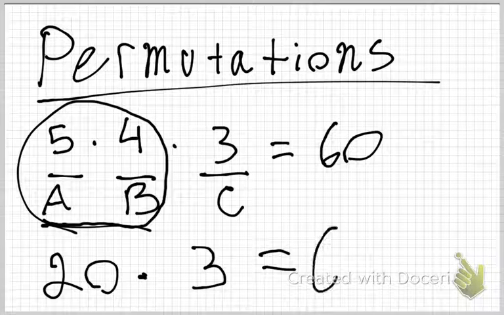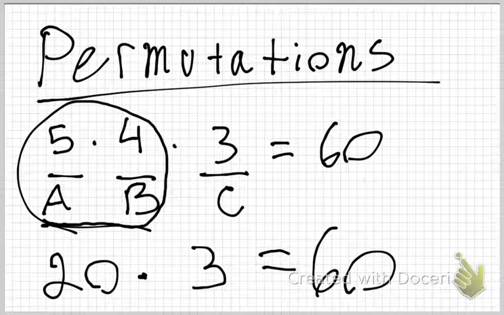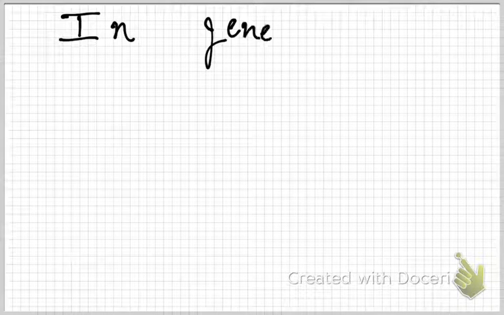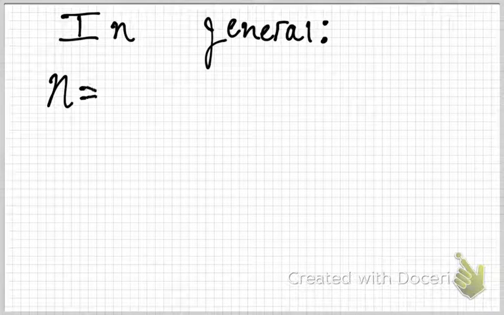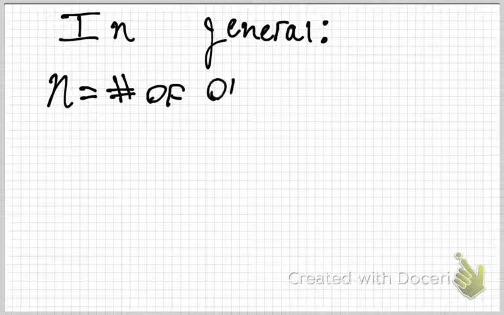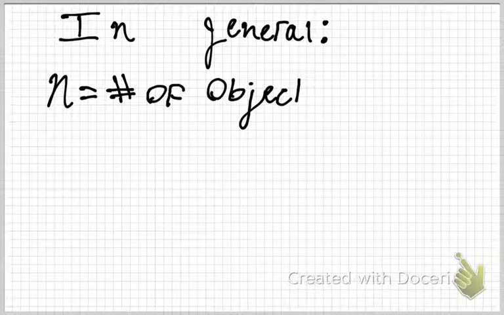20 times 3 is equal to 60, or 5 times 4 times 3 is equal to 60. So, moving forward, in the general case, we don't want just specific examples, because in your homework, or in real life, when you're presented with an accounting problem, it's not going to be presented to you as siblings in car seats or something like that.